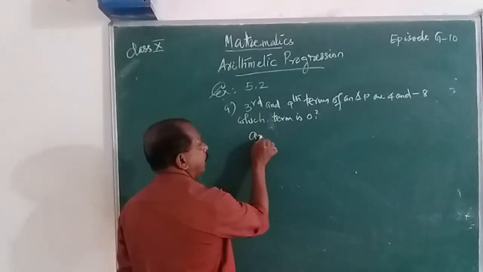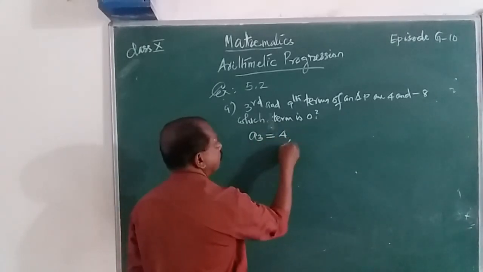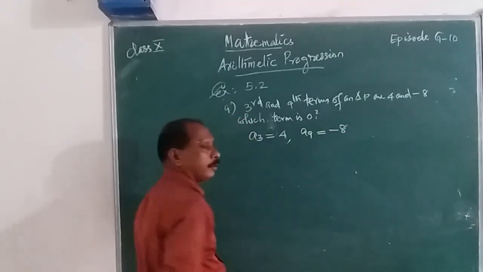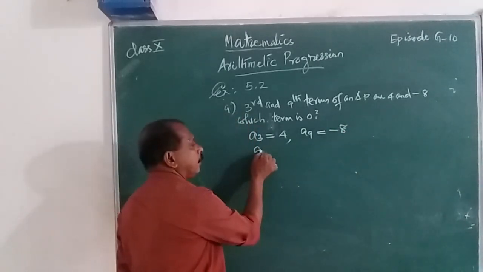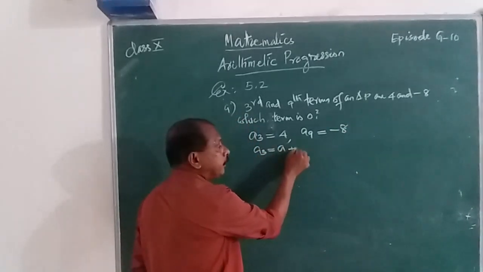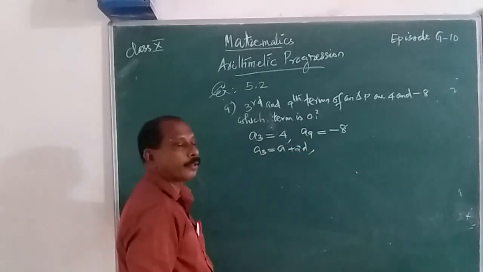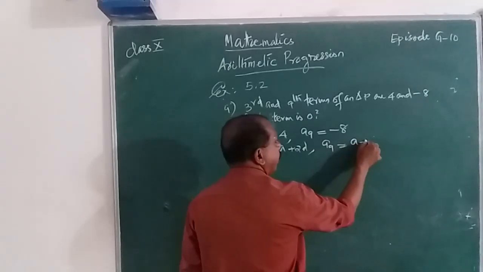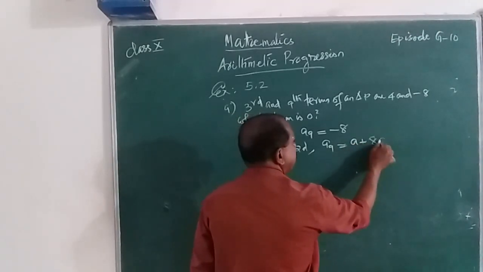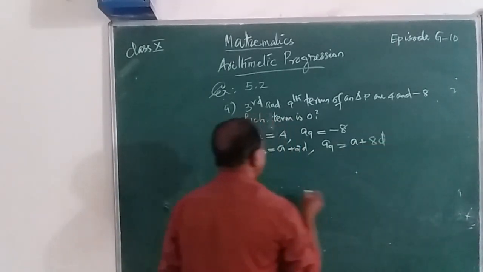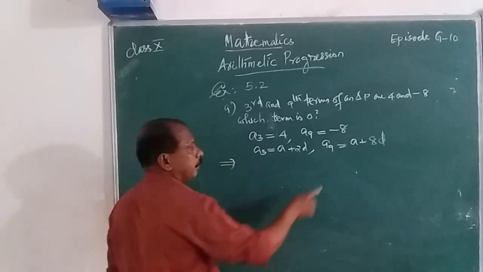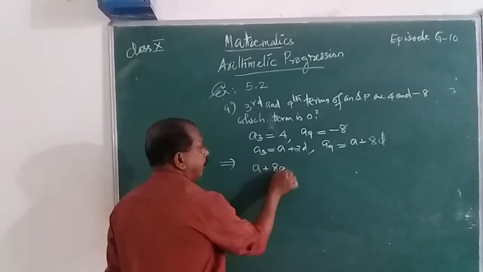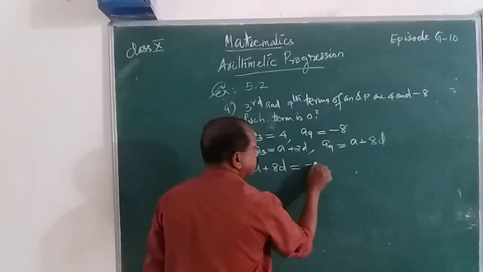That is, A3 is equal to 4, A9 is equal to minus 8. They are given. What is A3? It is equal to A plus 2D. What is A9? A plus 8D, which implies that A plus 8D is equal to minus 8.